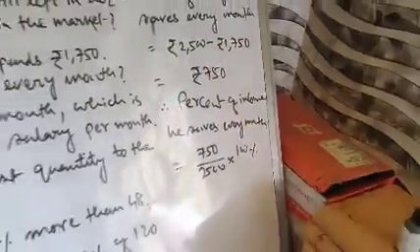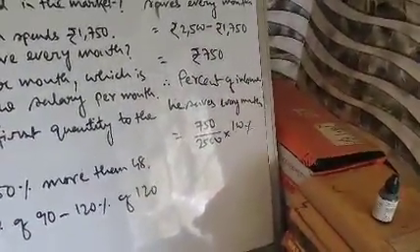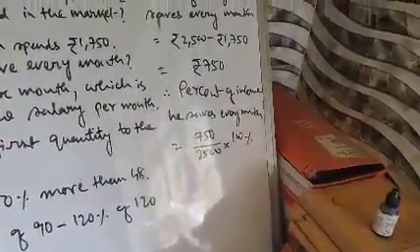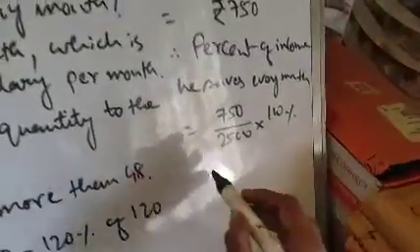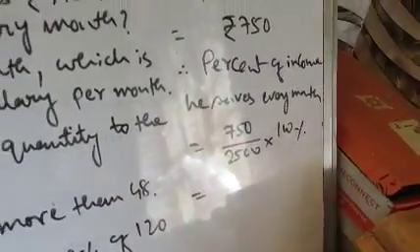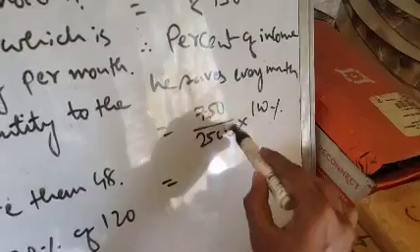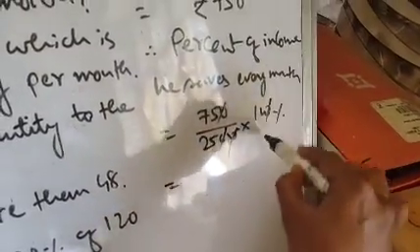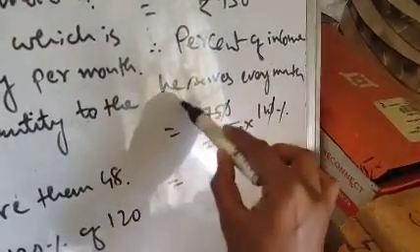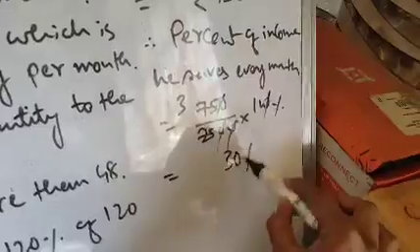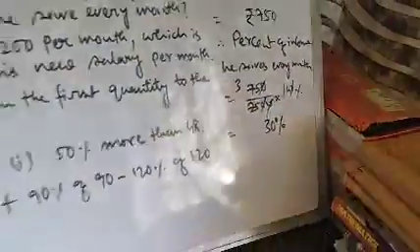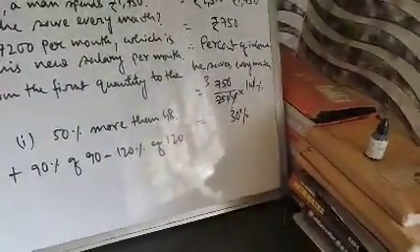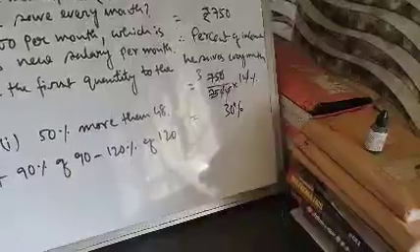So out of total income he saves 750 rupees per month, and total income is 2500. Calculate the percent of his savings per month. The 10s will be eliminated, 25 3s are 75, answer is 30%. Therefore he saves 30% of his income every month. That is the answer.